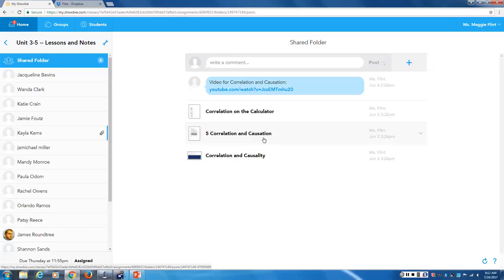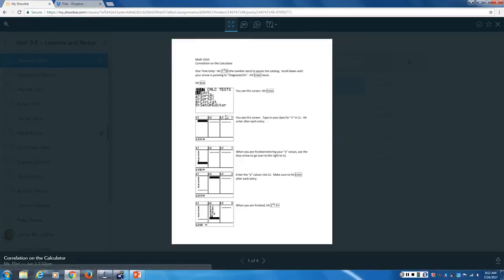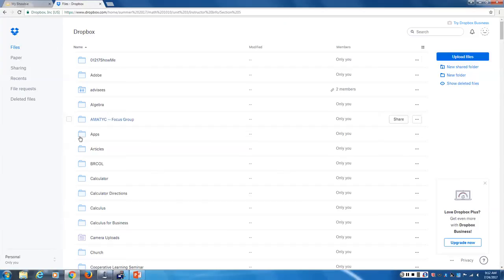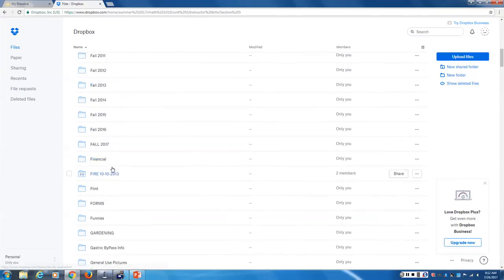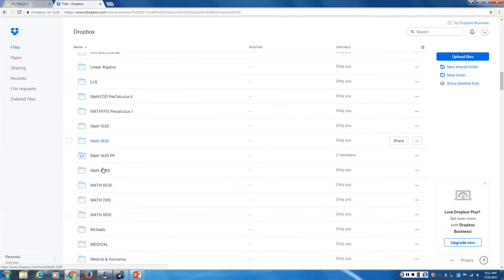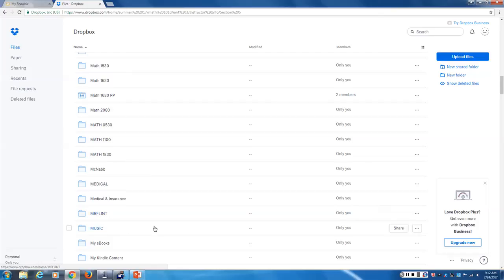There are 4 for the calculator handout, the other one is 3. It alternates.